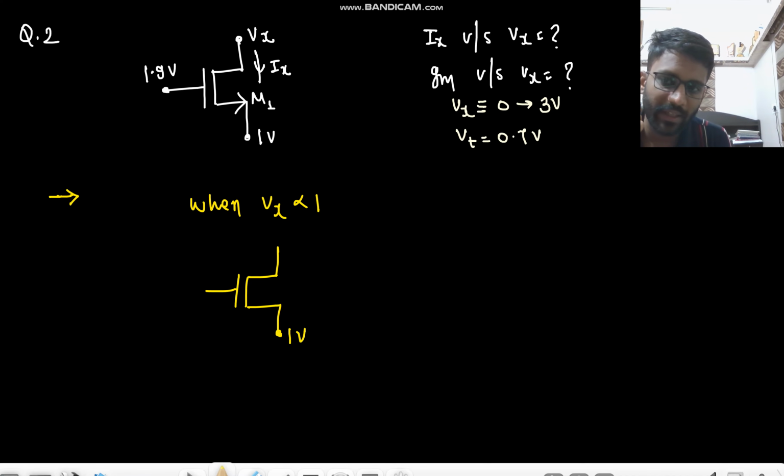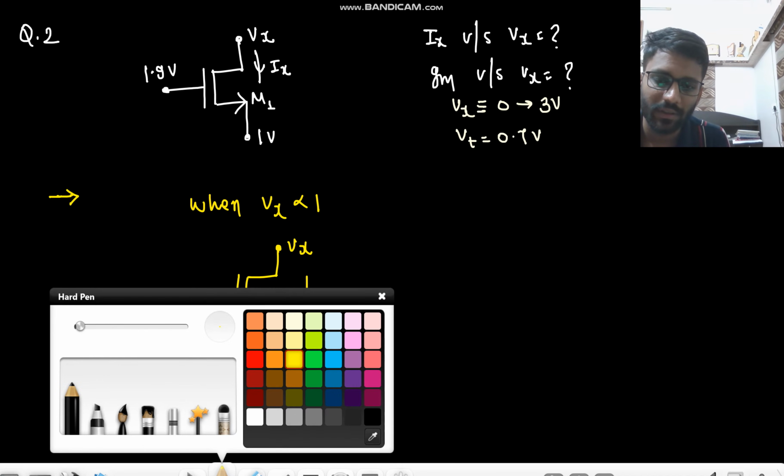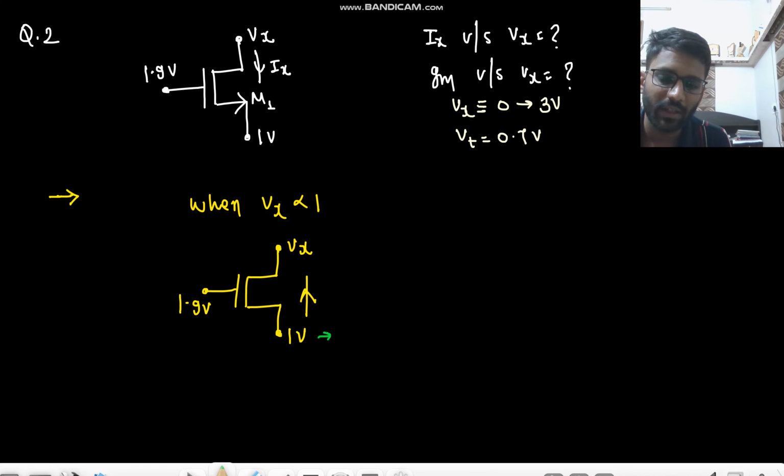This 1 volt will be the drain. This is gate, 1.9 volt, and this will be the source. The current is from drain to source, and that will be equal to minus Ix.